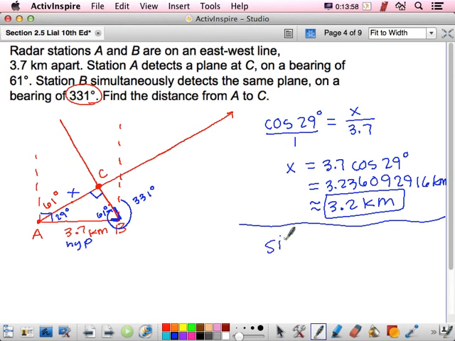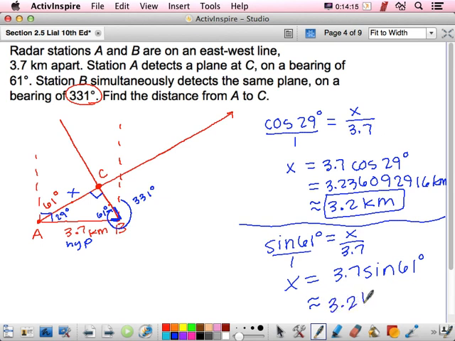So the sine of 61 is equal to x over 3.7. But then when you solve it, you would get the same thing. And it would still be 3.2 kilometers. So it really shouldn't matter. Okay, any questions we need to address right this second on that?